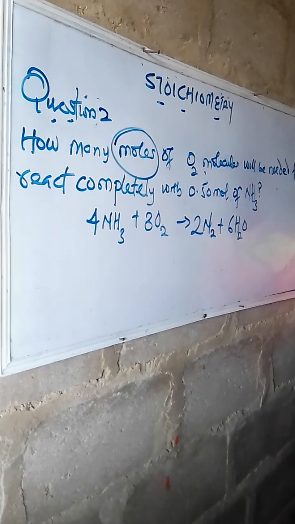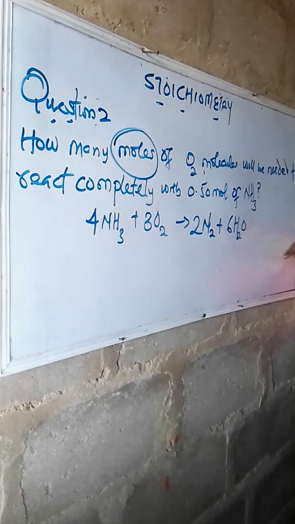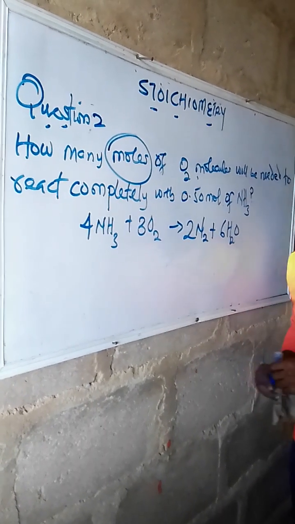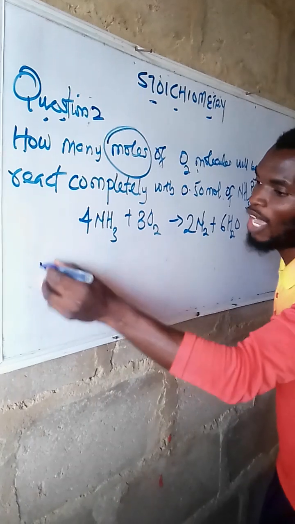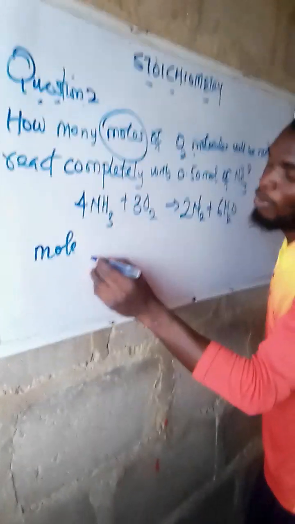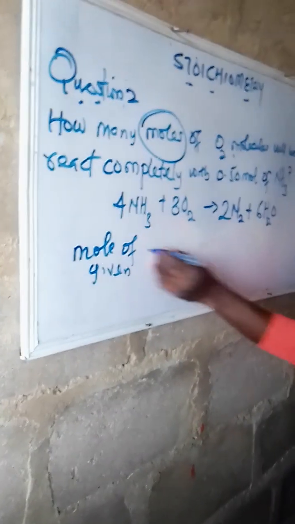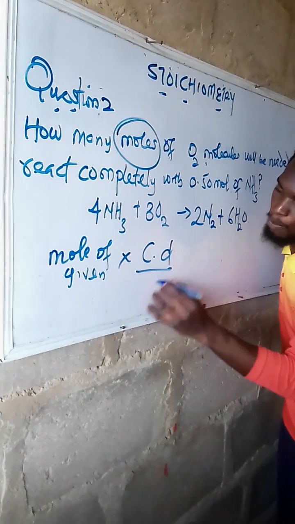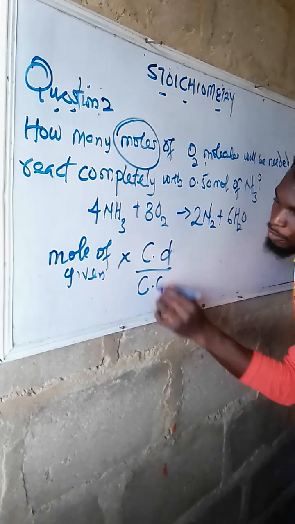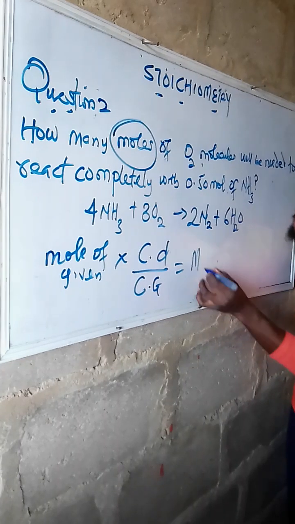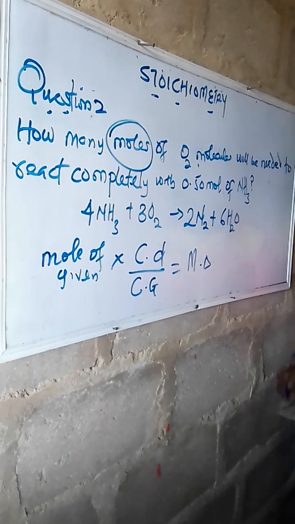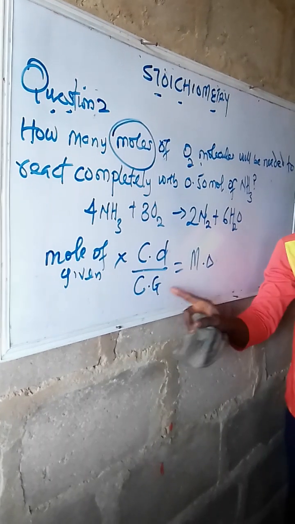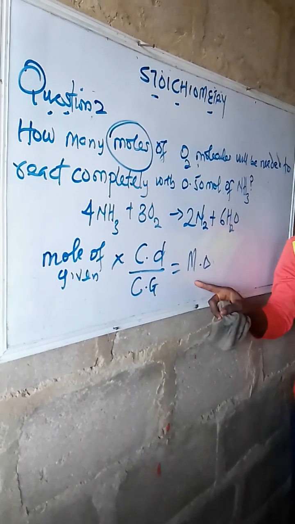The first one we did is almost the same thing related to this. You can use the formula, which says what? Or you do it the way we are doing it. Are we together? What is that formula? Moles of given, multiplied by the coefficient of desired, all over the coefficient of given, all equals to moles of desired. Moles of given times coefficient of desired over coefficient of given equals moles of desired.